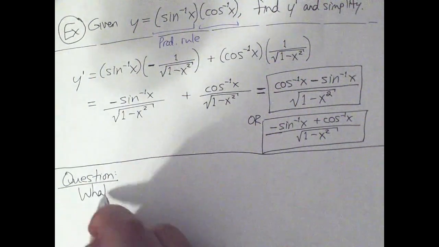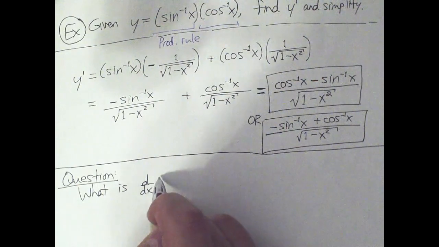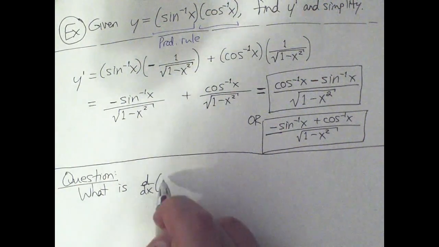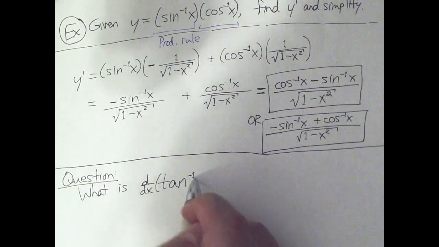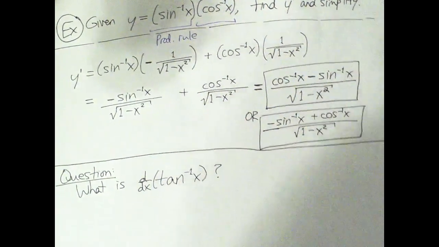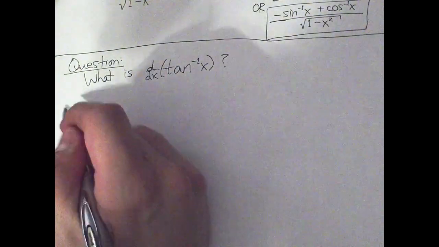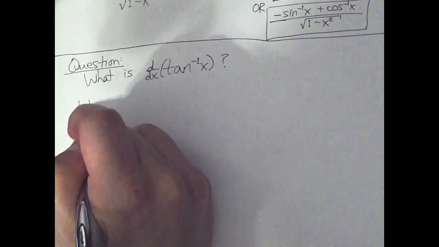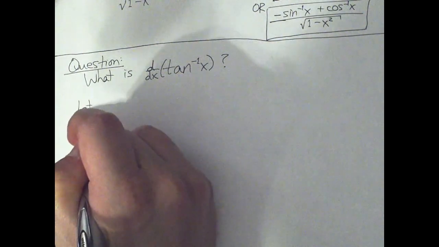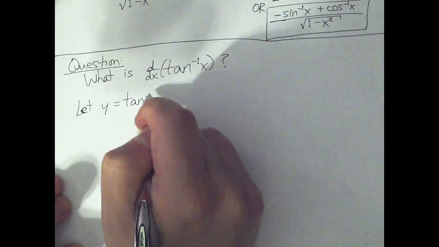What is... And I'm not going to make you derive this one. I'll kind of talk us through it. What is the derivative of inverse tangent of x? But I think we can use a similar strategy to what we did earlier. I think you could do this. I'll just kind of talk us through it, though.